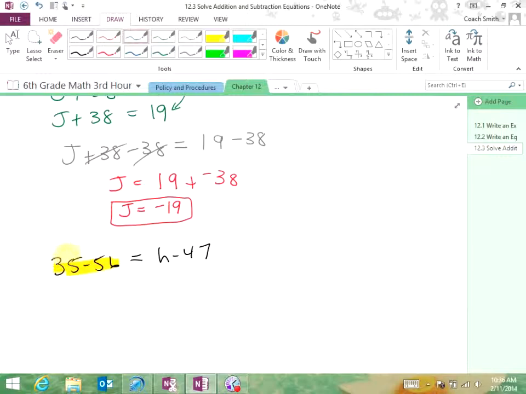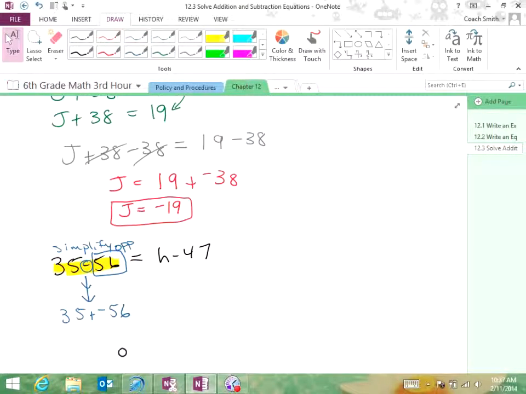Okay. We must simplify. So that simplified is 35 plus negative 56. Because our rule is, remember, circle, draw the arrow, do the opposite.